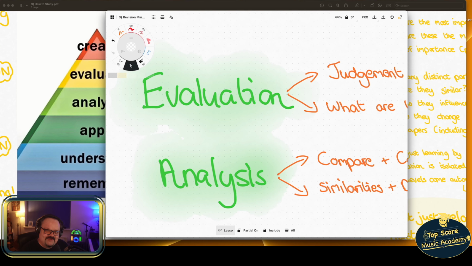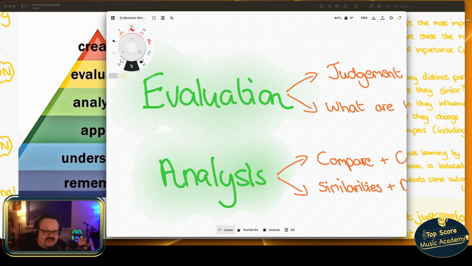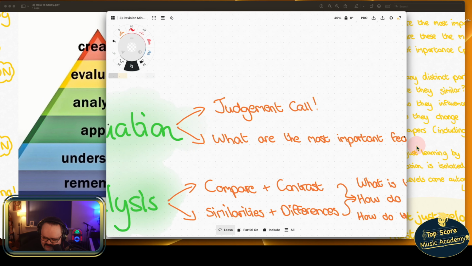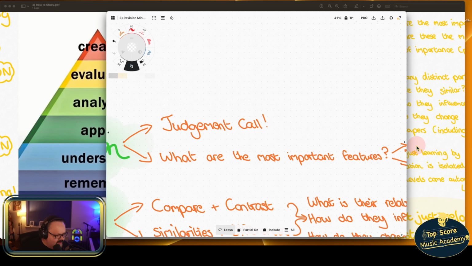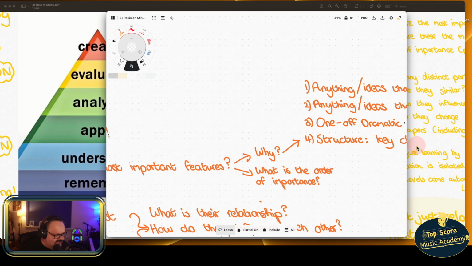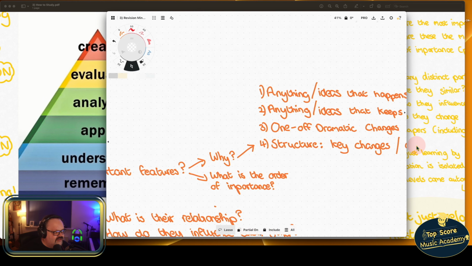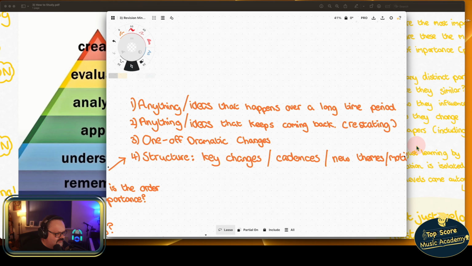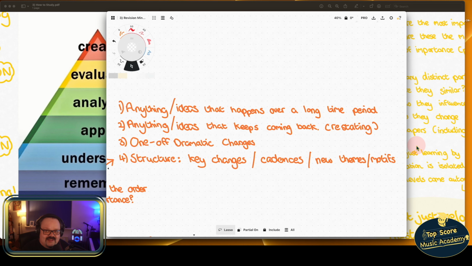So yeah, guys, when I'm doing mind maps for my students, these are the two big areas that I get them to focus in on: evaluation and analysis. And for music, it's going to be evaluating, making a judgment call. What are the most important features, and why, and what is the order of their importance, and the features to watch out for. Number 1, anything that happens over a long period of time.